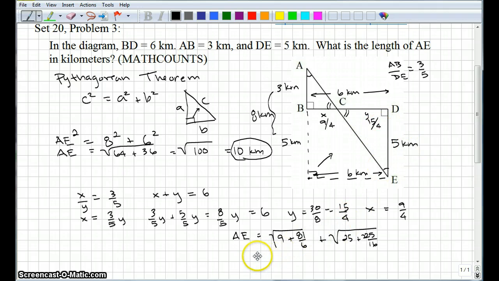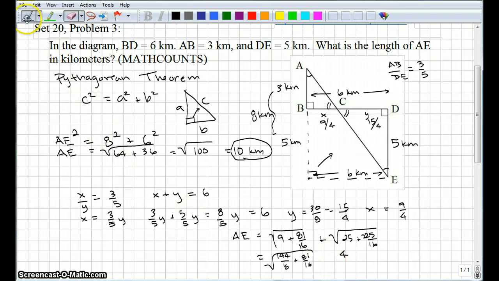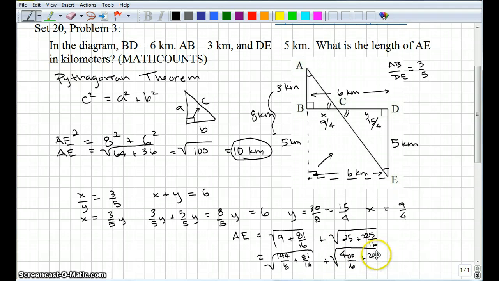Like I said, it's a lot more difficult this way. So this is equal to the square root of 144/16 plus 81/16, plus the square root of 400/16 plus 225/16.